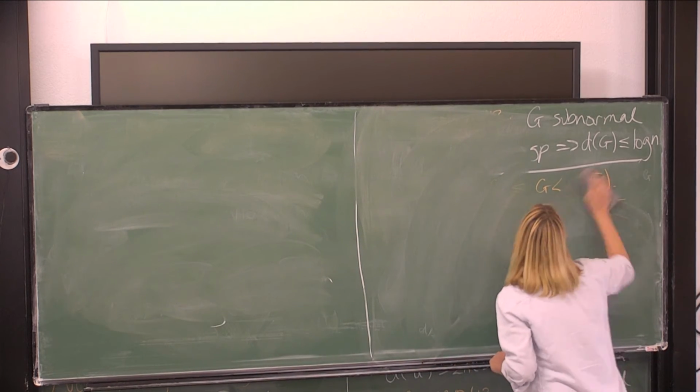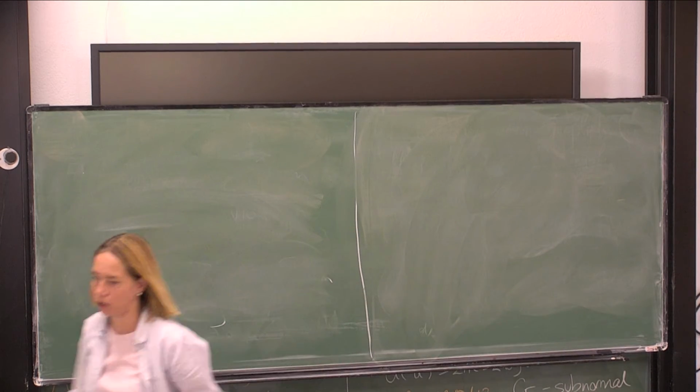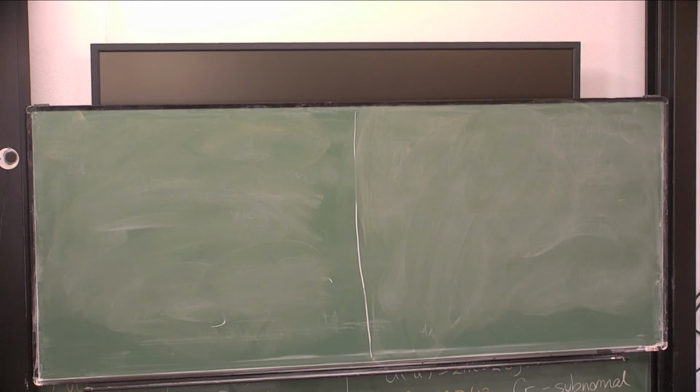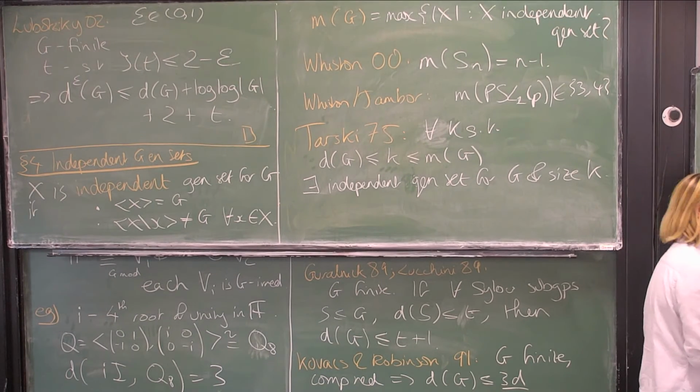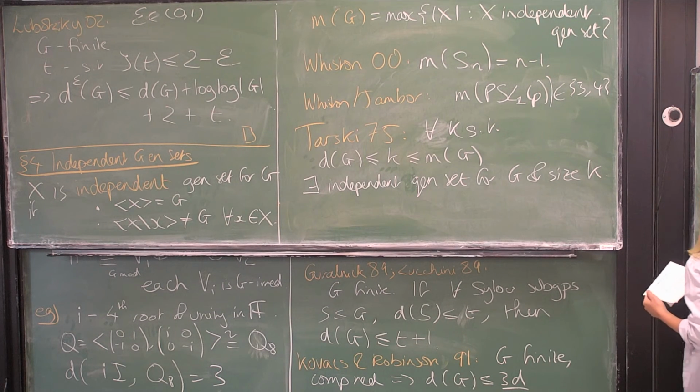with something that links simple groups, graphs, generation and computation, and tell you an application. So this is section 5, and it's on product replacement.